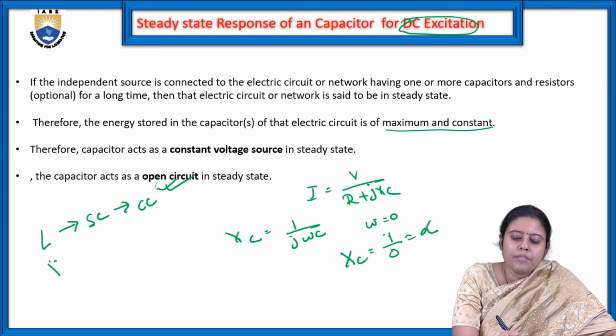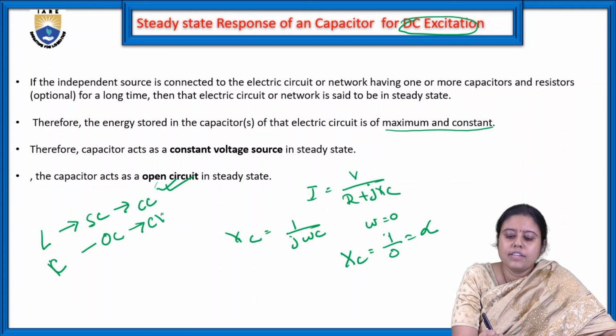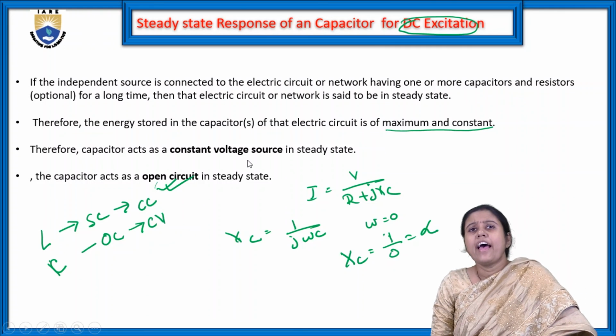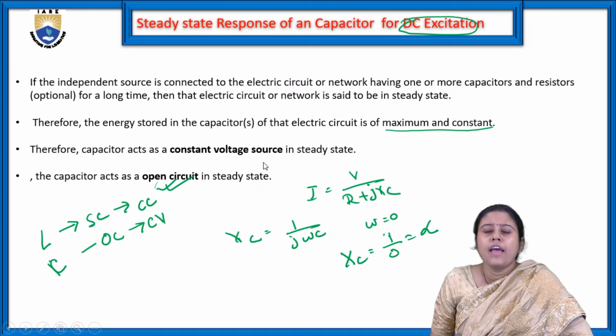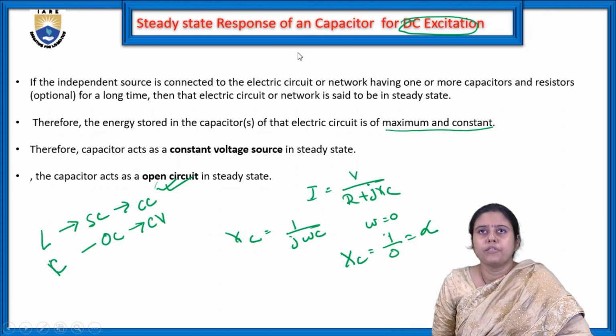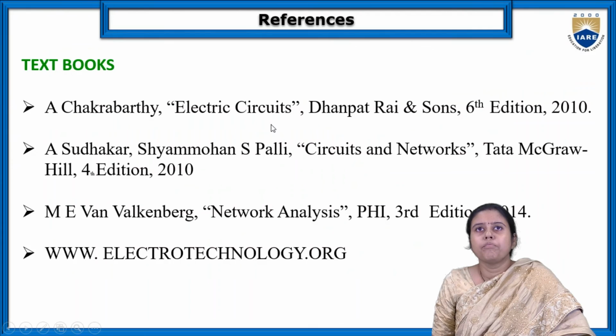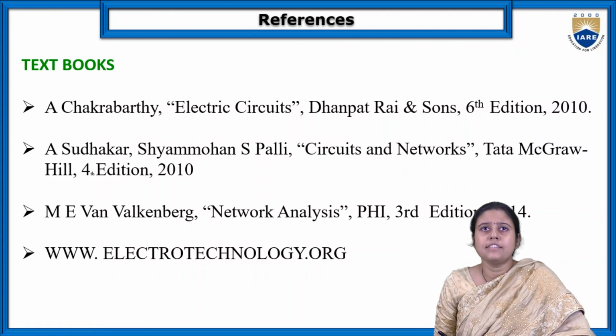What about the capacitor? It will behave like an open circuit and constant voltage source. And this question is very, very important for any interview. So this is what I have discussed from the textbook.